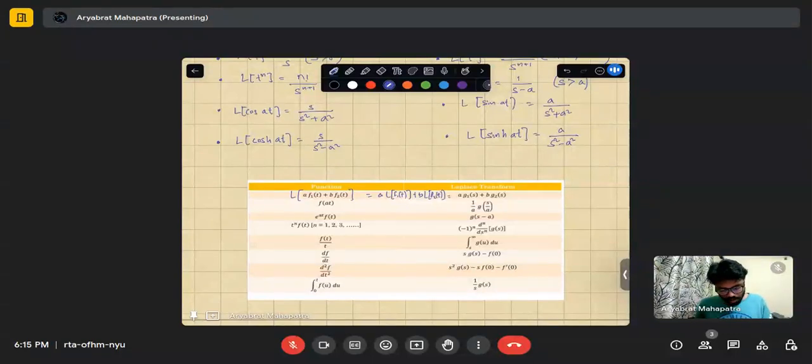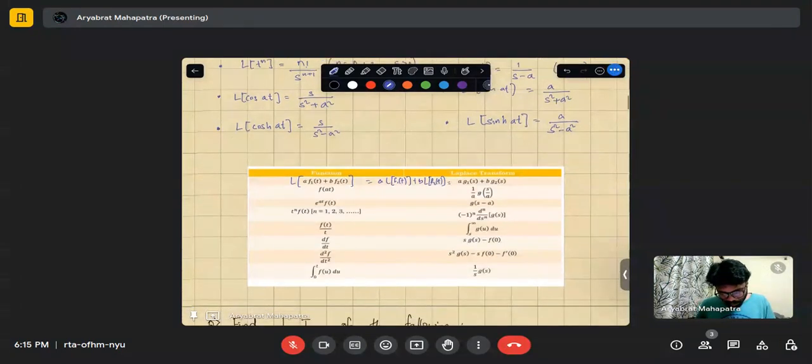So that is your first property. And second, when you take the Laplace transform of f of at, you can write this as 1 over a times g of s by a.